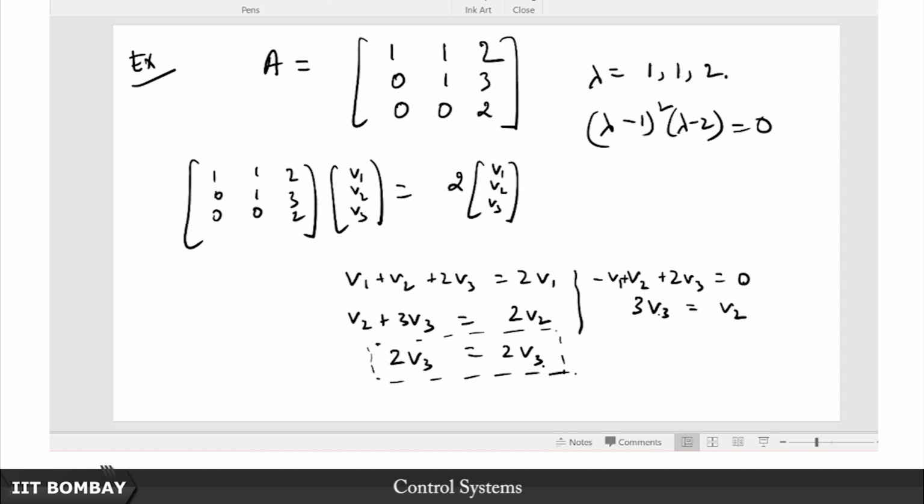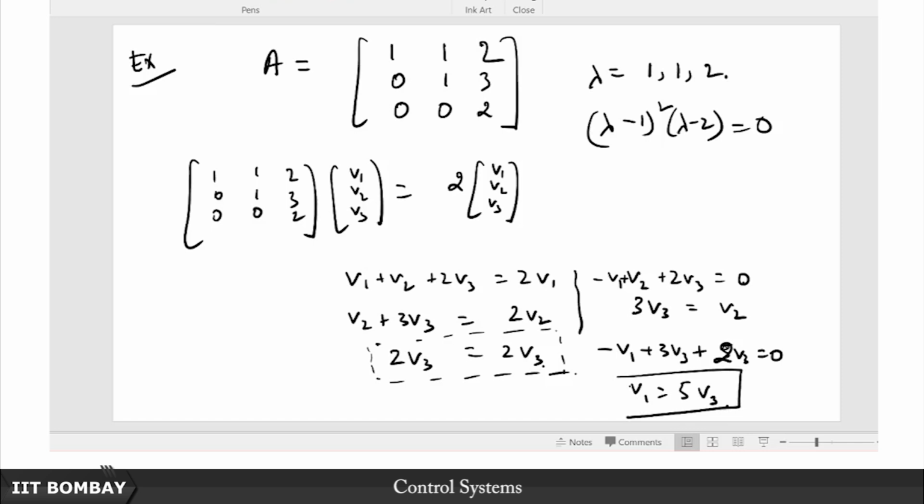So let me substitute 3V3 instead of V2 here, so I get minus V1 plus 3V3 plus 2V3 is equal to 0. So I get V1 is equal to 5V3.